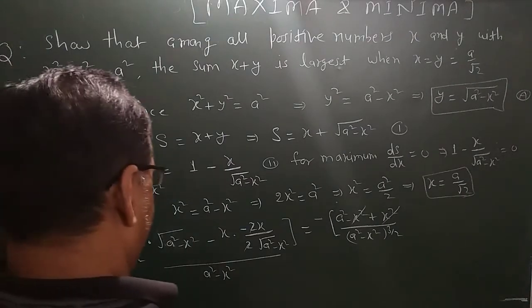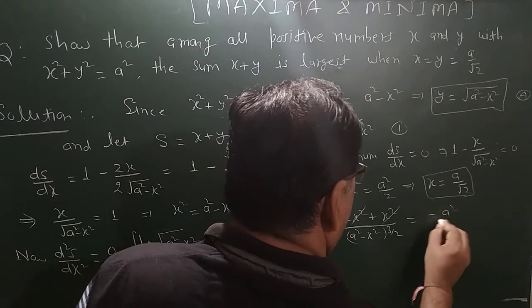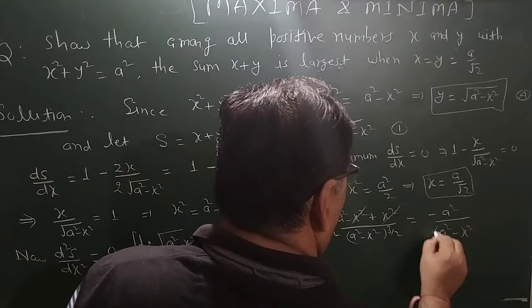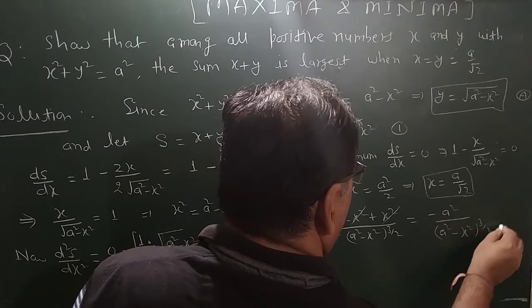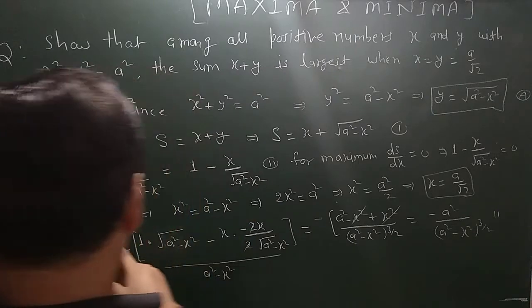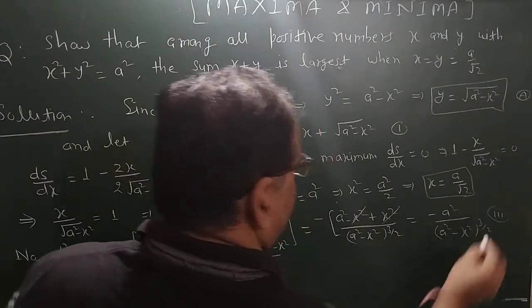So now we have only minus a square upon a square minus x square whole power 3/2, and this is equation number third.